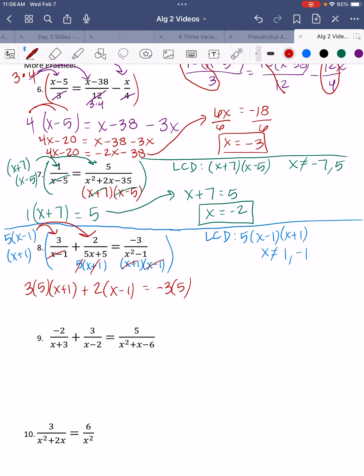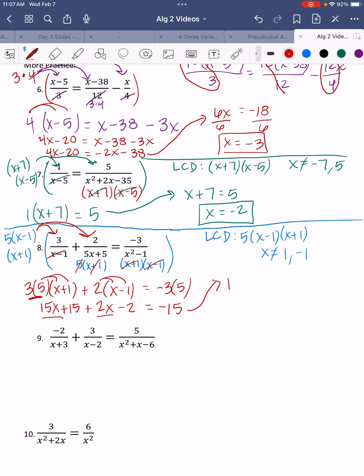And now it's algebra 1. I'm going to think of this as a 15 that I'm distributing, a 2 that I'm distributing here, and let's go solve. I have combining like terms.